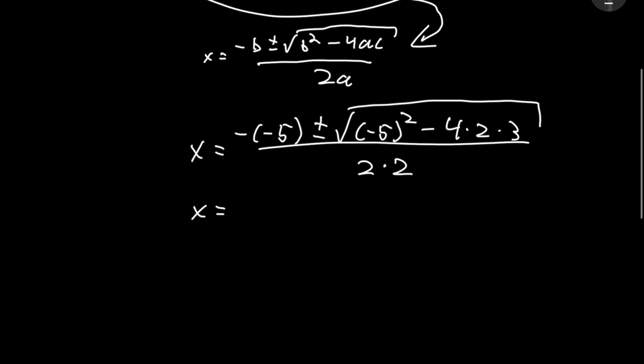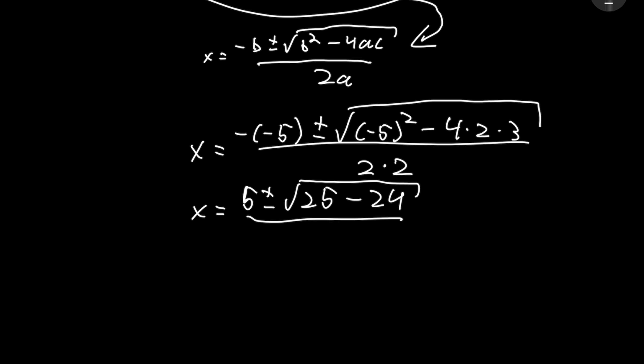So then we have minus and minus is plus. So 5 plus minus the square root of minus 5 squared, which is 25, minus 4 times 2 times 3, which is 8 times 3, which is 24, divided by 2 times 2, which is 4.